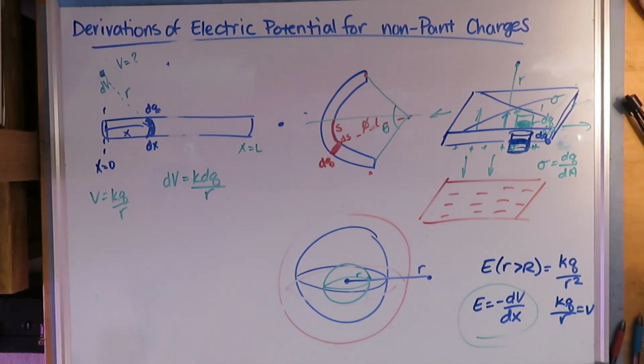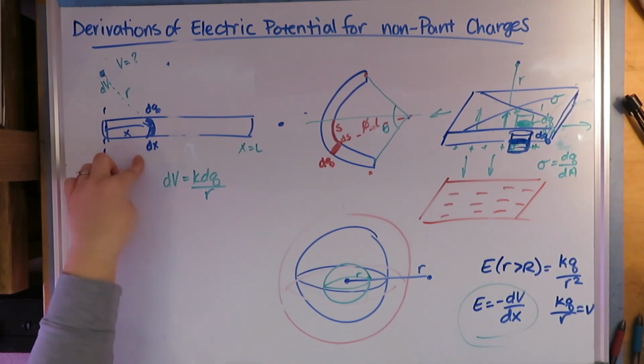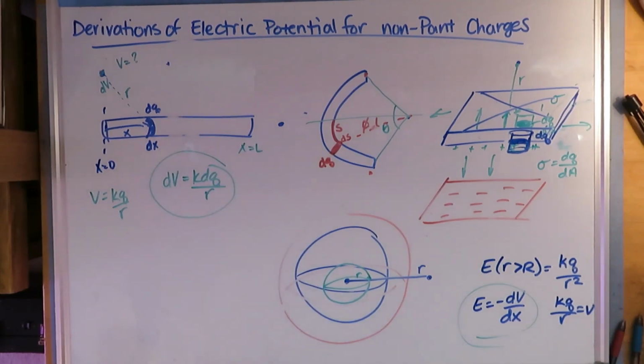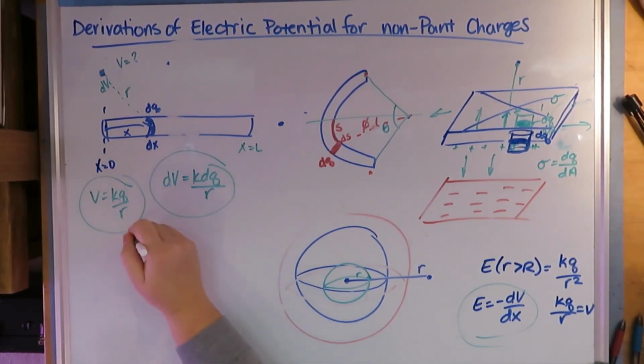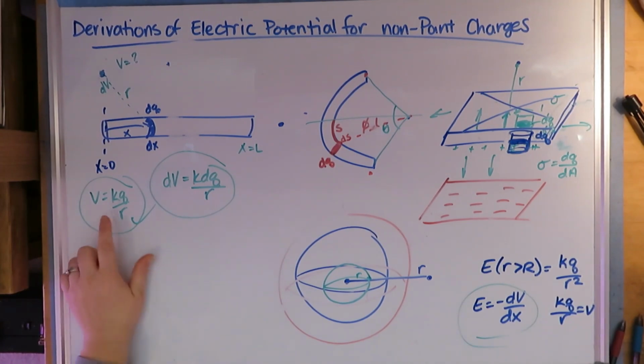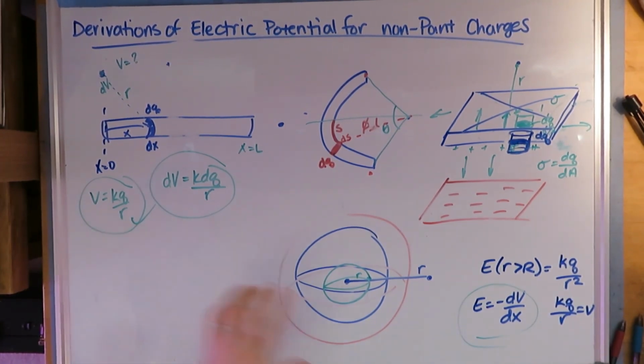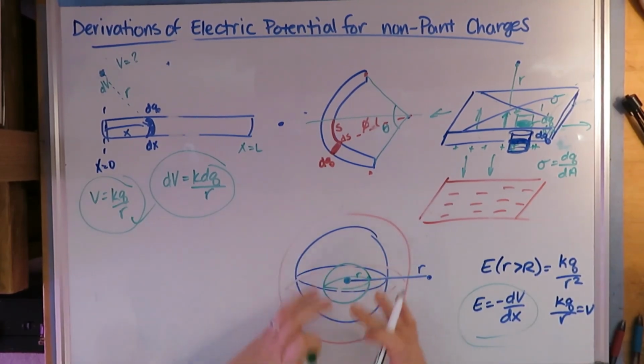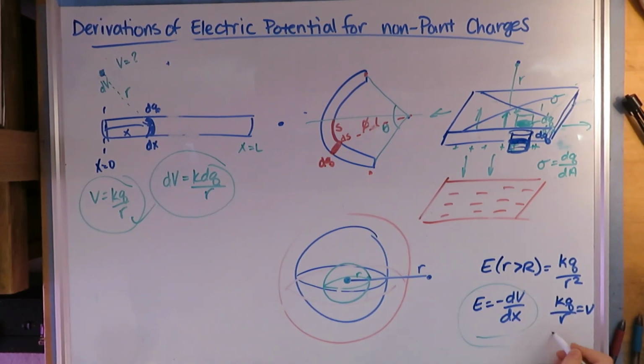So if you can reasonably treat your object as a point charge, then we know that the potential of a point charge is going to be V equals KQ over R. Or for a sphere outside, where you're assuming that all the charge was here, then I can basically treat my sphere as having the same formula as a point charge as long as you're outside.